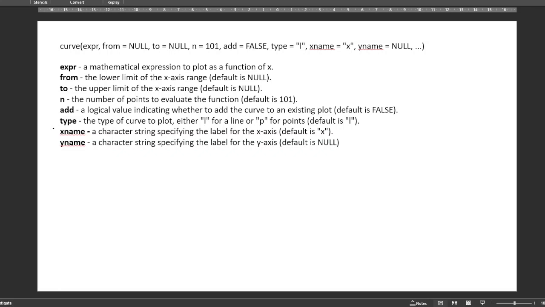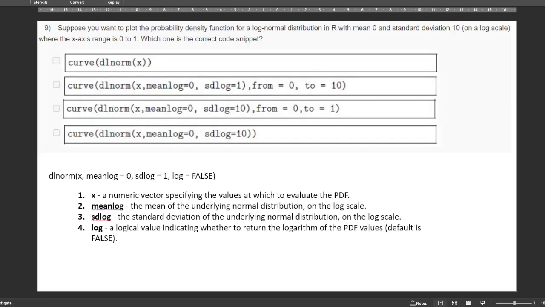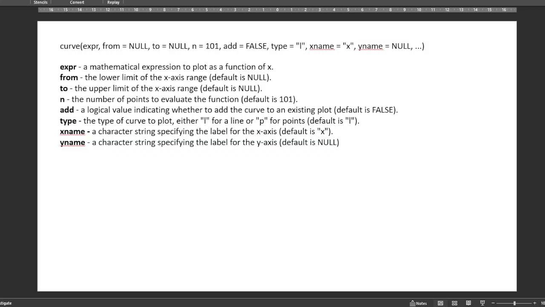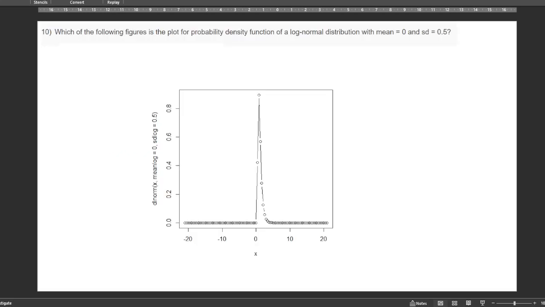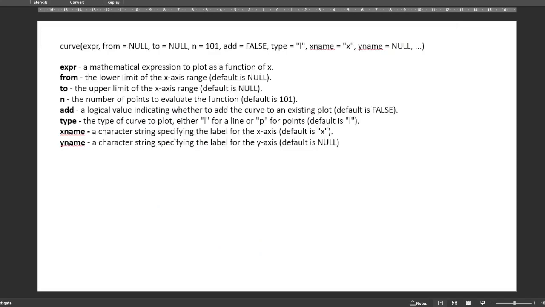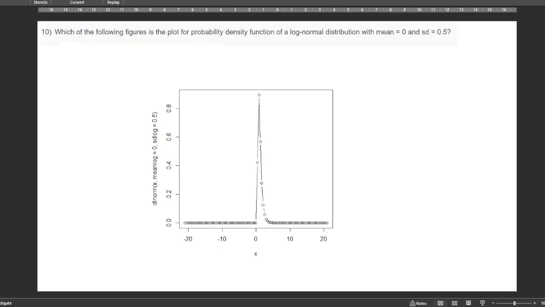Here the mathematical expression is dlnorm, the log normal distribution generator. From 0 to 1, it's kind of like a cumulative distribution, but we are generating it using the given input parameters from 0 to 1.